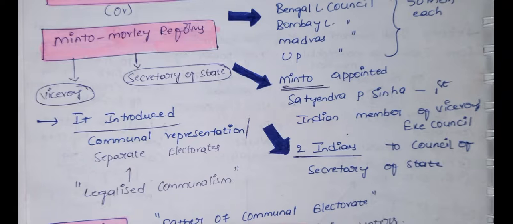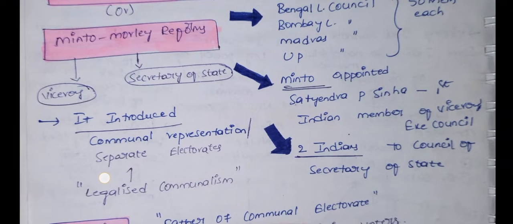For the first time, an Indian member, Satyendra P. Sinha, went to the Viceroy's Executive Council, appointed by Viceroy Minto. And it introduced communal representation. It means separate electorates, and this was described as legalized communalism.